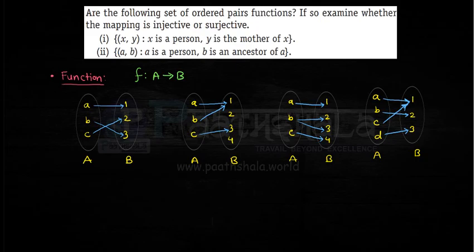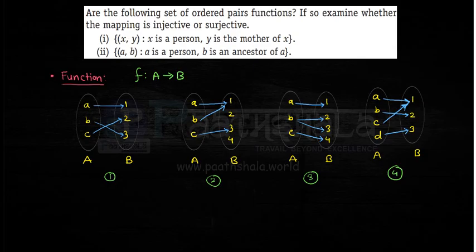Let's say we can see in the first case, A, B, C has a relation with B. In this case as well, A, B, C has a relation with B. Every element of A has a relation with B. In the third case as well, we can see A, B, C has a relation with B elements. Here as well, A, B, C, D, all four elements of the domain have a relation with the B set, that is the codomain elements.